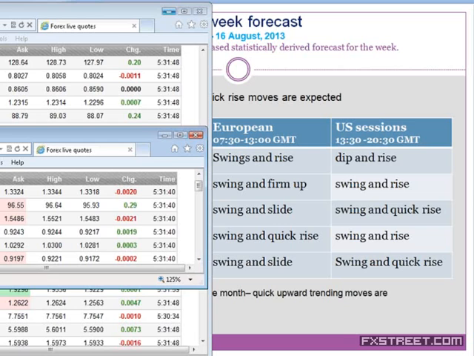Because yen is the denominator in USD yen, and in Australian dollar yen, it is a denominator. When this denominator currency weakens against the US dollar, whereas Australian dollar is only nominally weakened against the US dollar, yen weakening is more when compared to Australian dollar. As a result, you find that Aussie yen is showing positive net change.